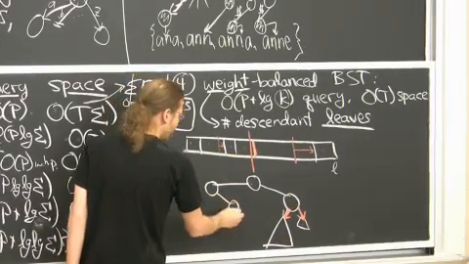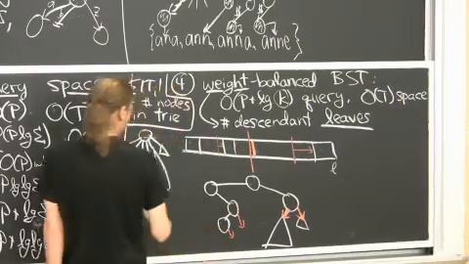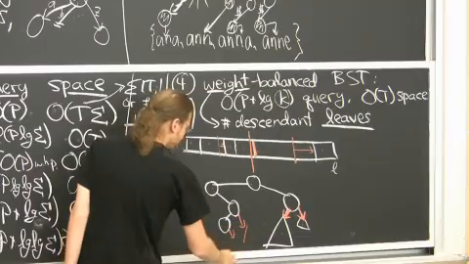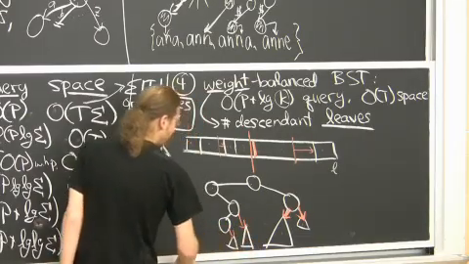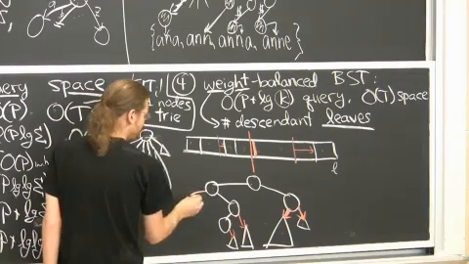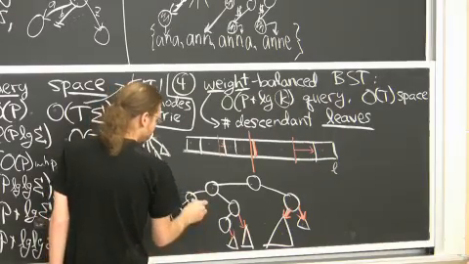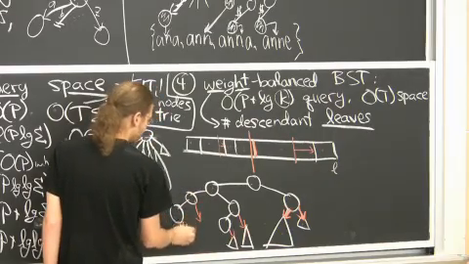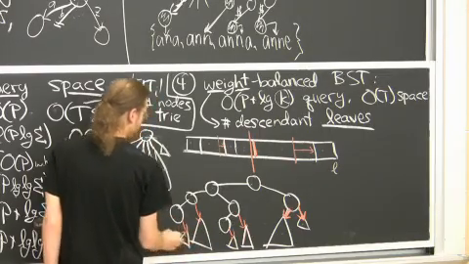It doesn't really matter how we store them. There's something like this, they're, I guess, medium and small. And then over on the left, we also have two guys, so it's going to be, again, something like this. So we've got medium and small.